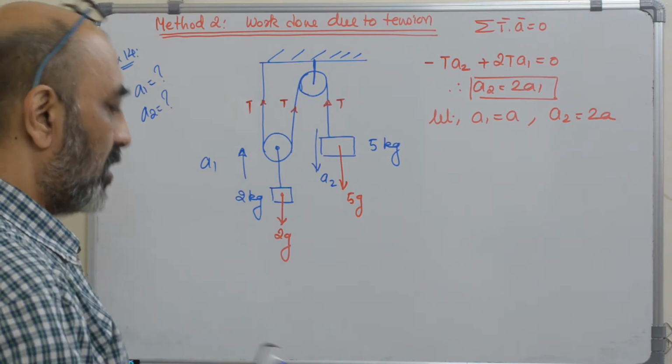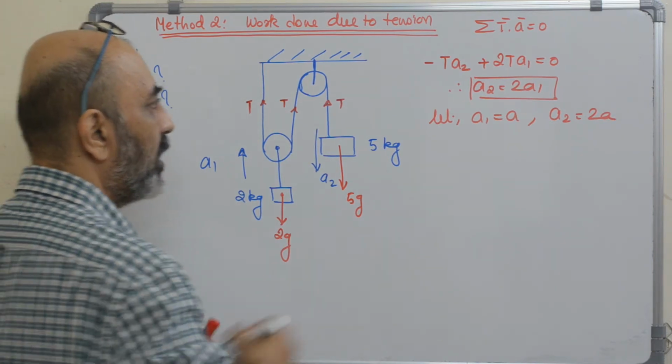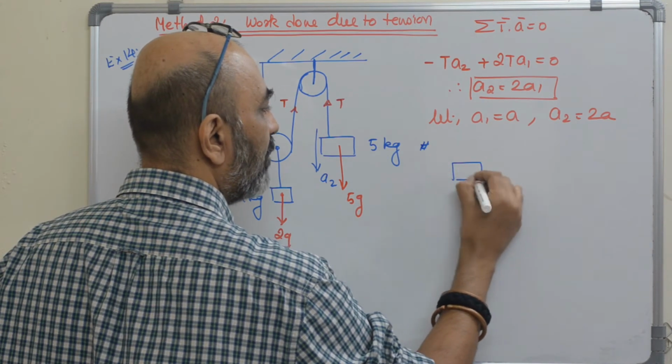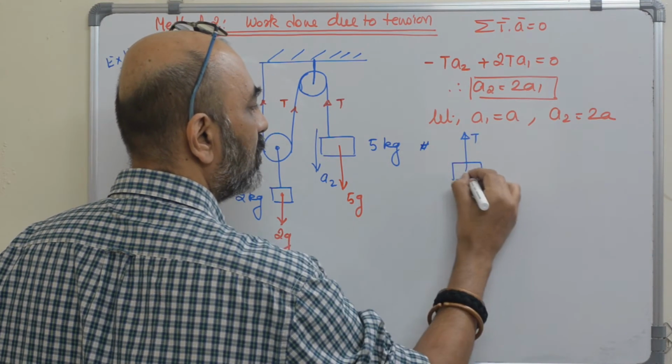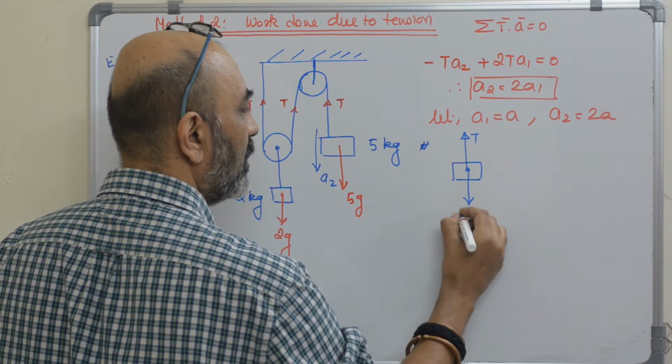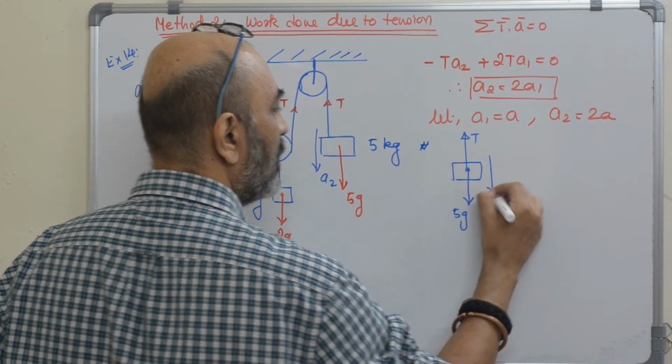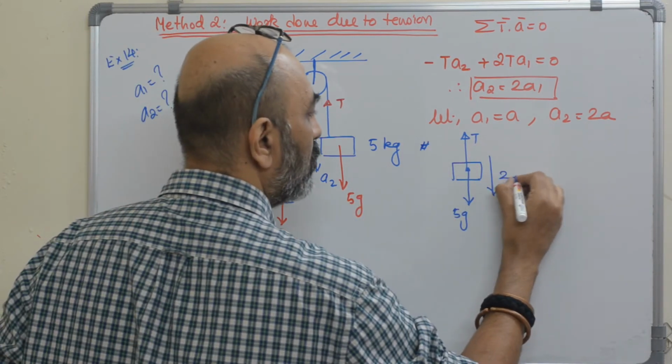Now using the concept of the free body diagram, this is 5 kg, this is the tension, this over here is 5g, and this is accelerating in the downward direction with A2, which we took as 2A.